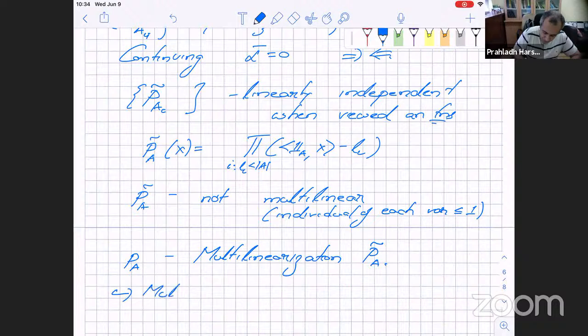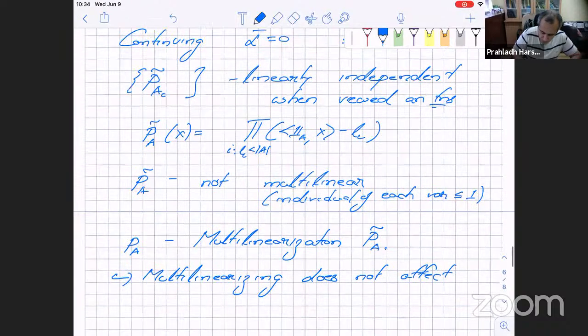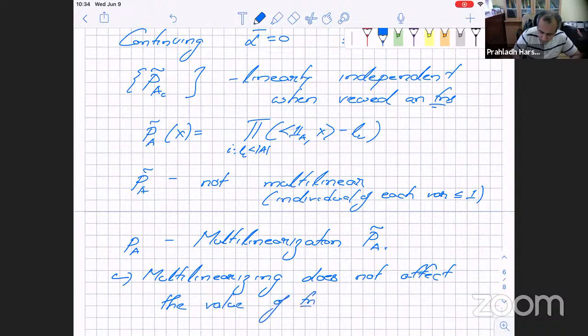Multilinearizing does not affect the value of the function at 0,1 vectors.